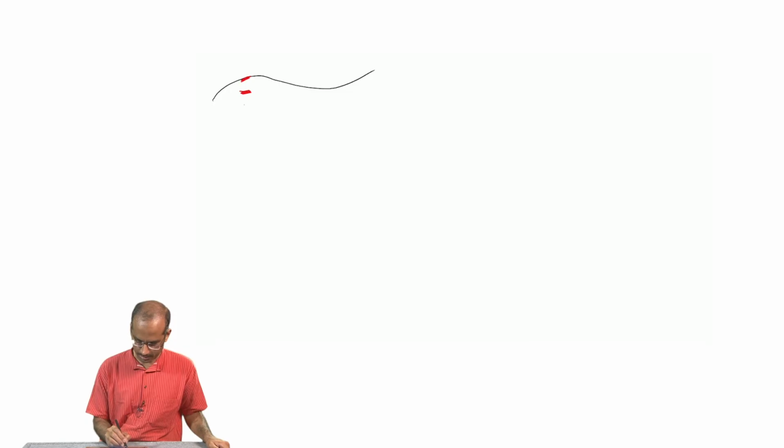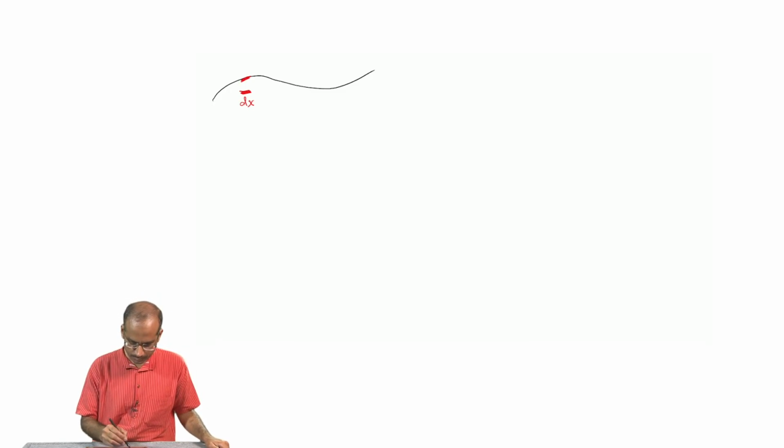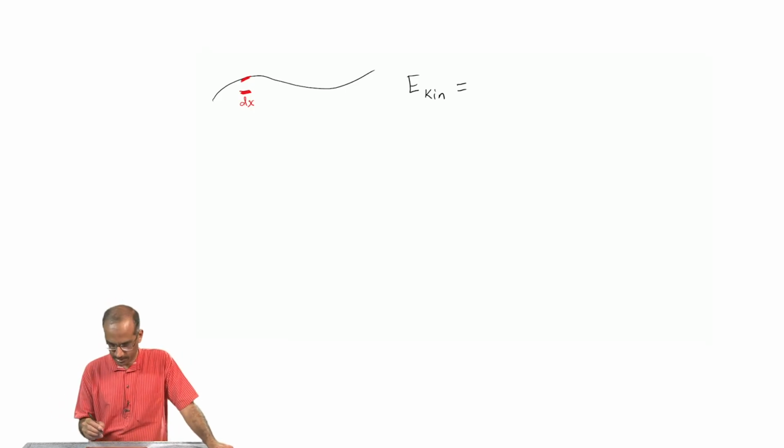So, let us say that I have this string and I am looking at some small segment whose length is dx. In such a case, the kinetic energy would be half mass times velocity square.